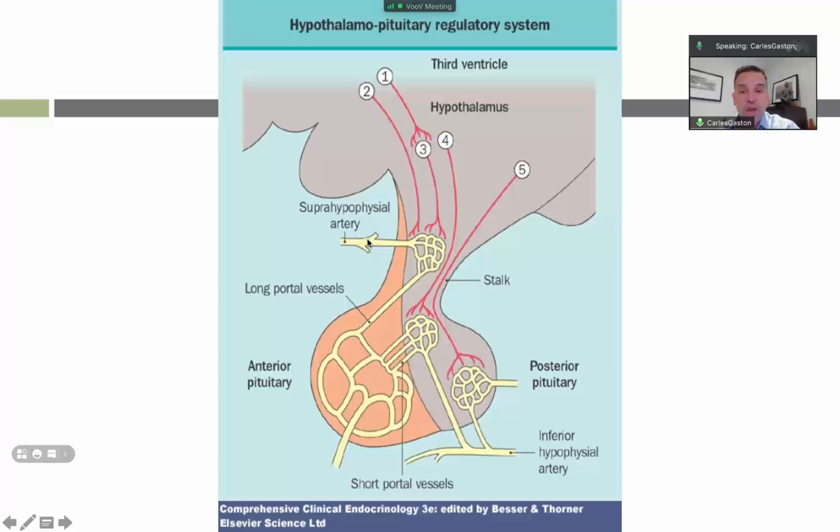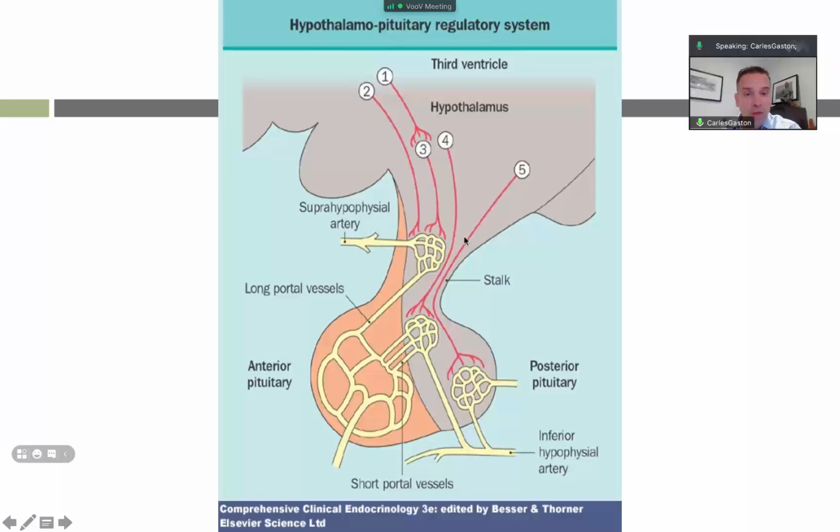The suprahypophyseal artery goes into the median eminence, collects the hormones, takes them into long portal vessels, and will take these hormones, peptides, or releasing factors into the anterior pituitary.